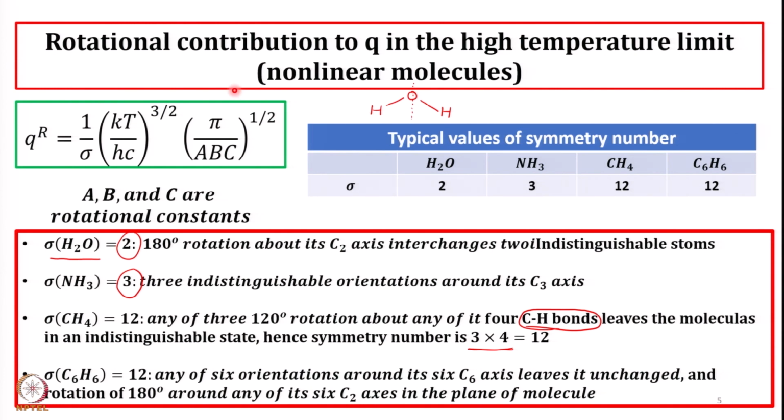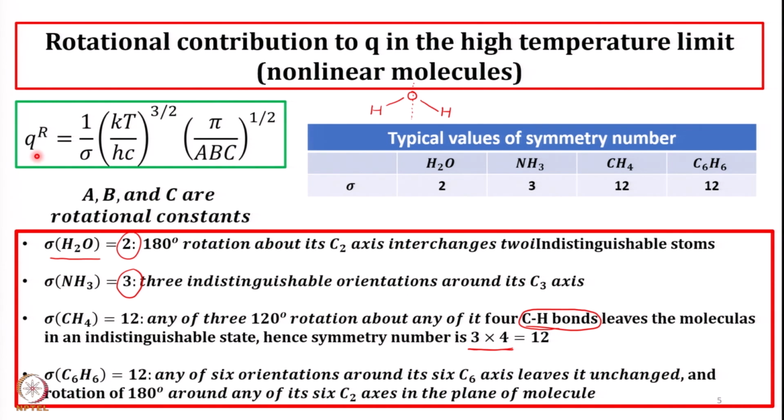That means to use this result, you must have information about A, B and C, and from these calculate the characteristic rotational temperatures. If the experimental temperature is much higher than the characteristic rotational temperature, we are free to use this high temperature approximation result.